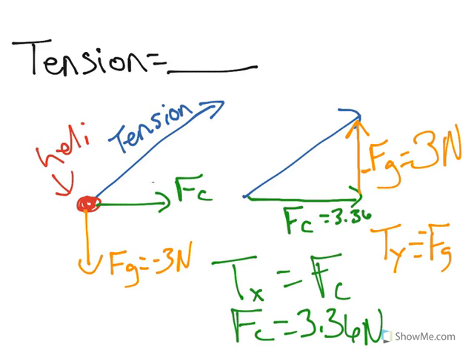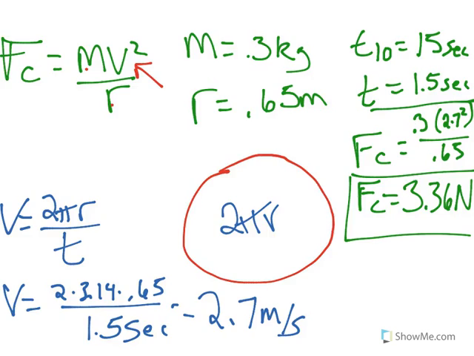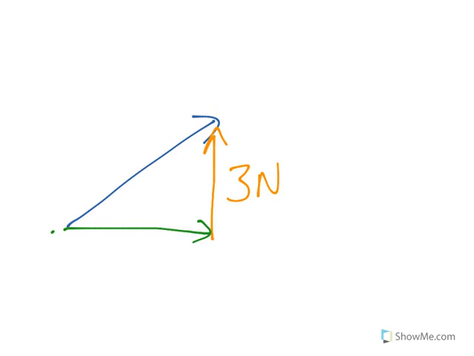Now you should see fairly clearly that you're going to have to do the Pythagorean theorem to figure this out. We've got a centripetal force and a force of gravity, 3.36 and 3. So we have the tension here, 3 newtons here, and 3.36 newtons here.